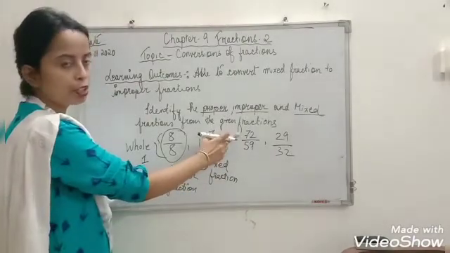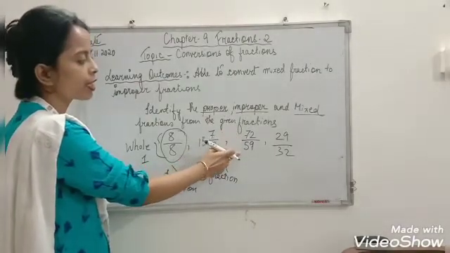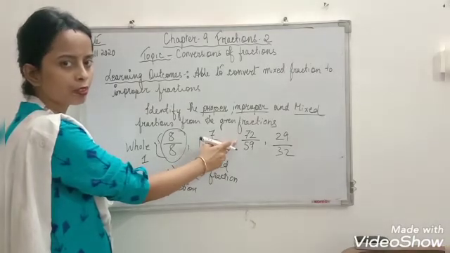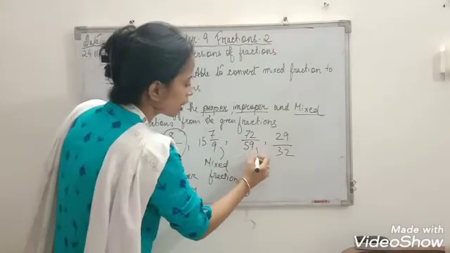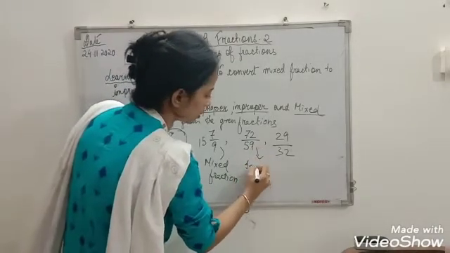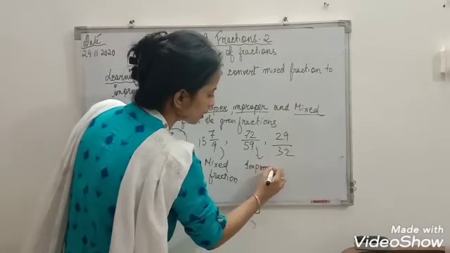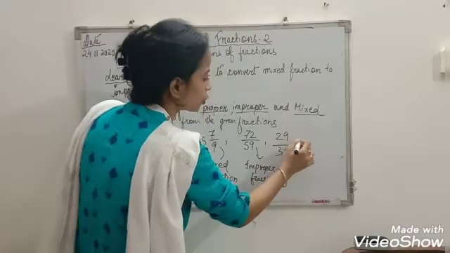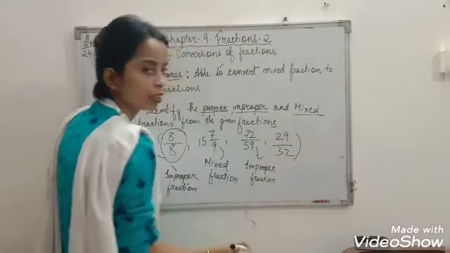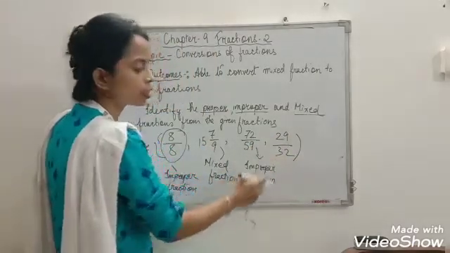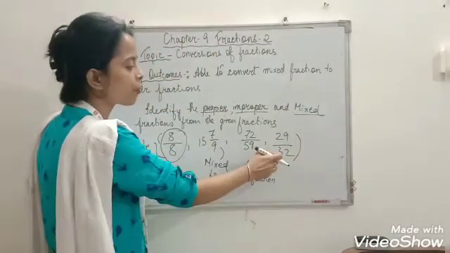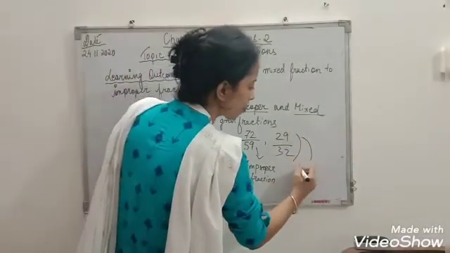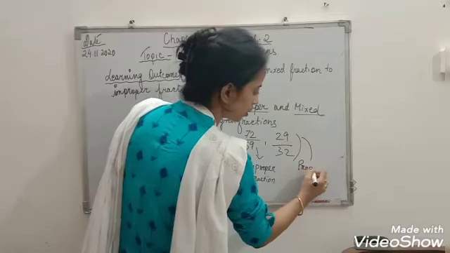Next one, 72 by 59. Here you see, the numerator is greater than the denominator. That means it is an improper fraction. 29 by 32. Here, the numerator is less than the denominator. Yes, it is a proper fraction.